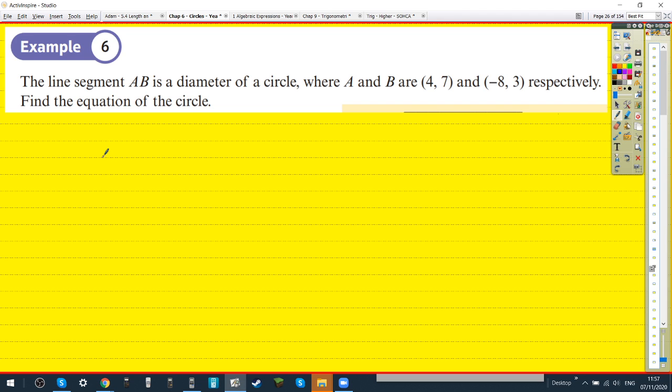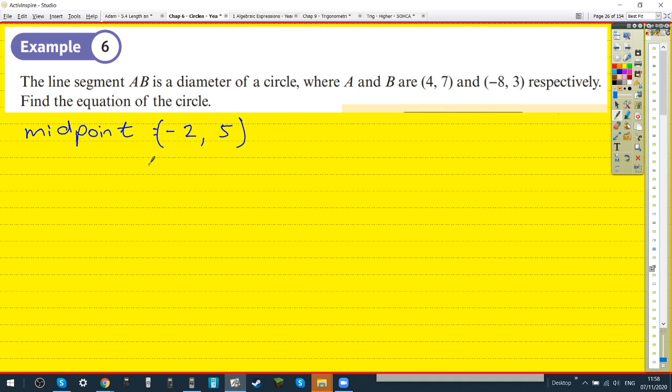Wait, no, you add it and divide by 2, don't you? So the midpoint is minus 2, 5.